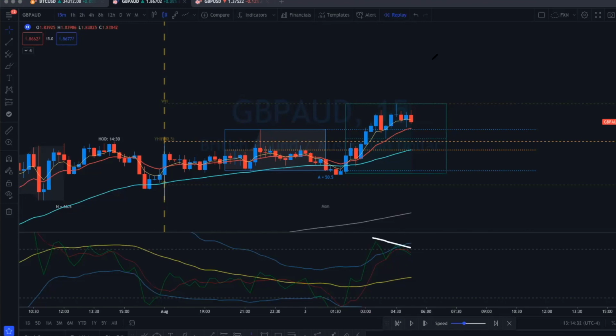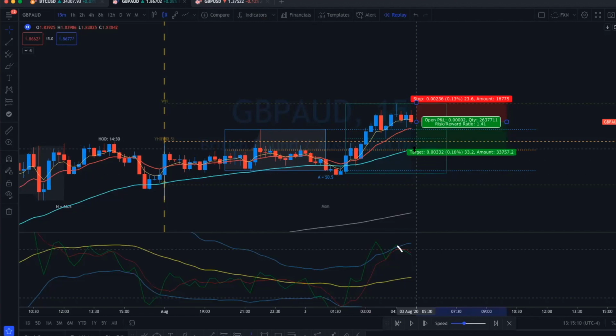That's 6. Somebody else said a hook. We have the hook here. That's 7. We got a crossover of the green and red line. That's 8. Do you need more confirmations? So the trade itself would look something like this.